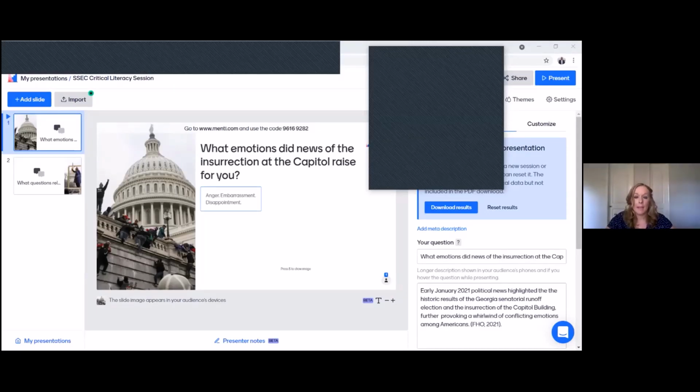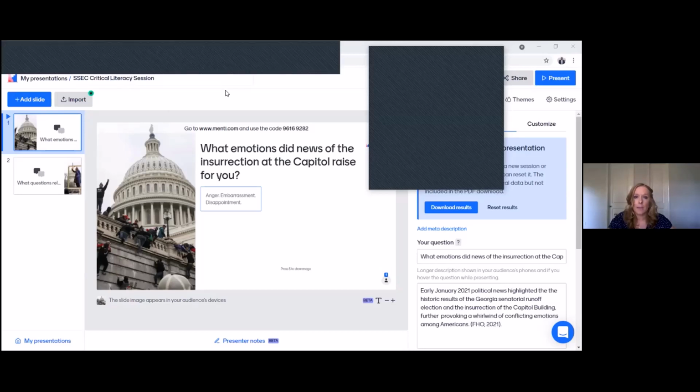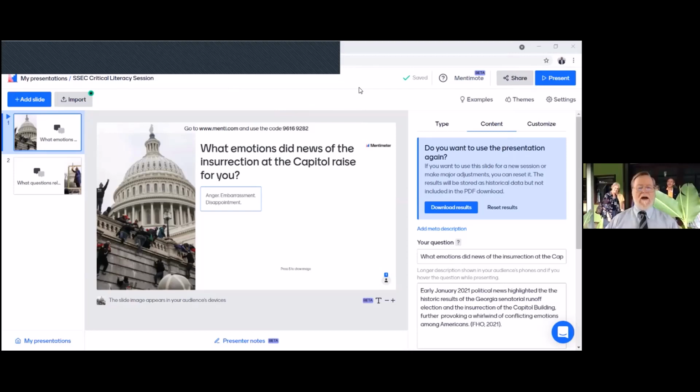If you can see Greg's screen right now, at the top it says go to www.menti.com and use the code 96169282. Could you read it again, because I can't see it very well? Yes, 96169282. That's not what I see. I see 96199282.